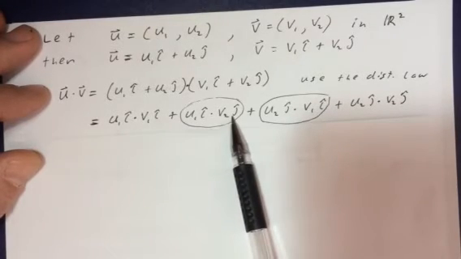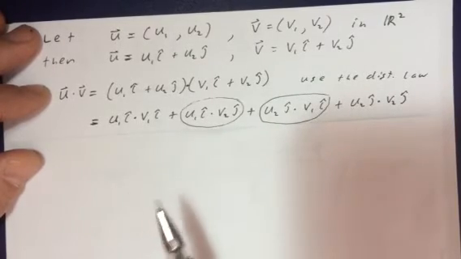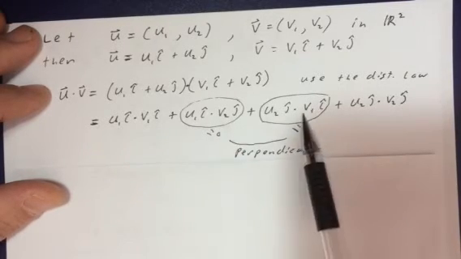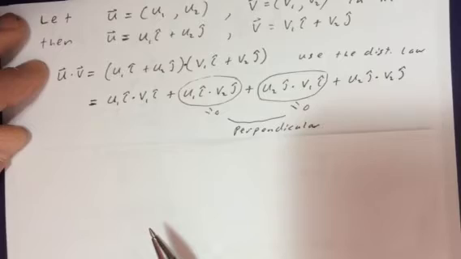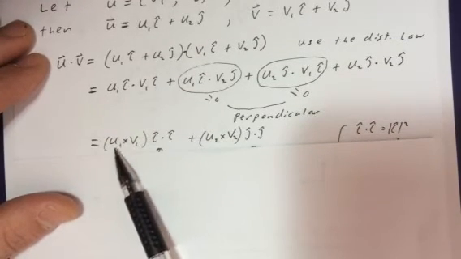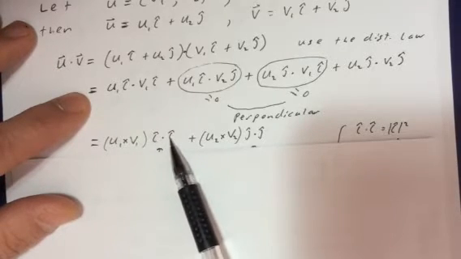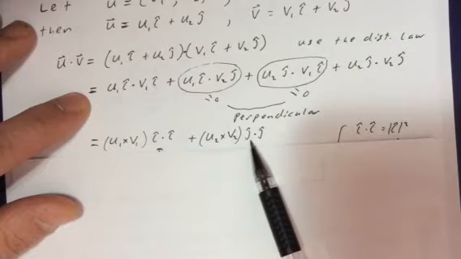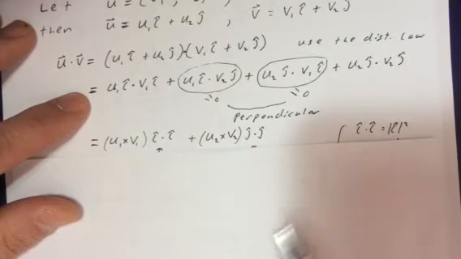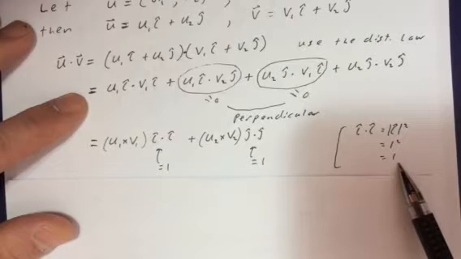i and j are perpendicular. So what do we know about these dot products? Well, when they're perpendicular, they're 0. So these two end up being 0, which makes this really nice. All we're left with is u1 times v1 times i dot i, plus u2 times v2 times j dot j. We know that i dot i equals the magnitude of i squared, which is 1.